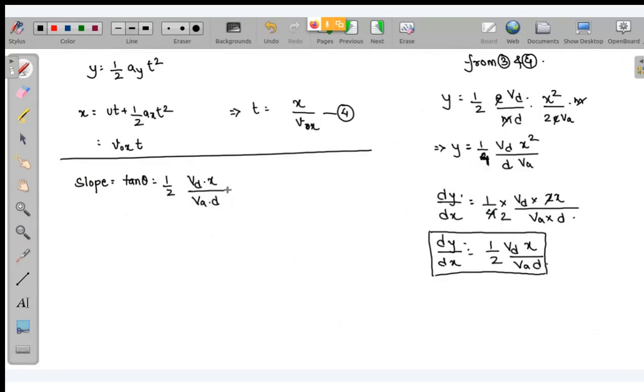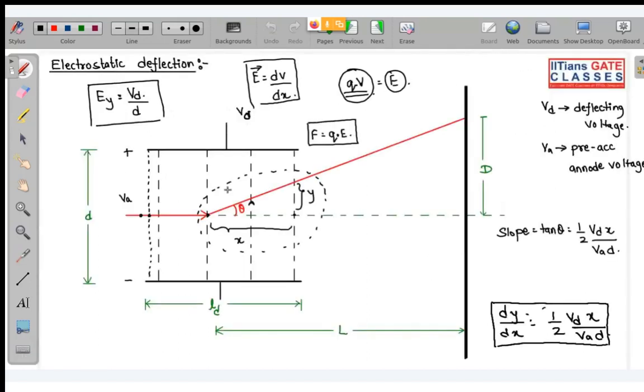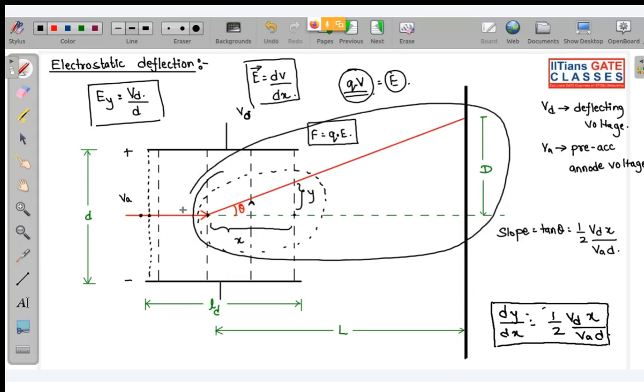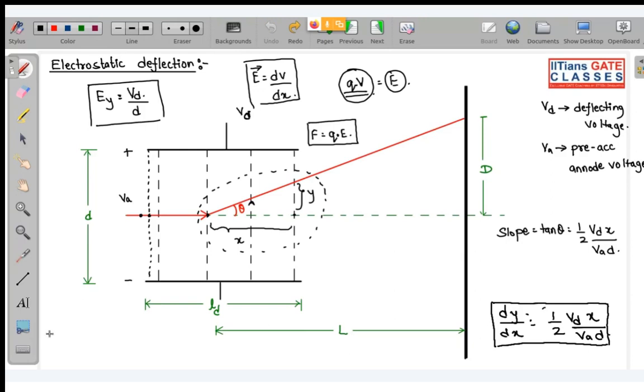One more thing I can write from this expression. What is tan theta over here? Y by x. Very good. This time tan theta is also similar to d by L, perpendicular by base.